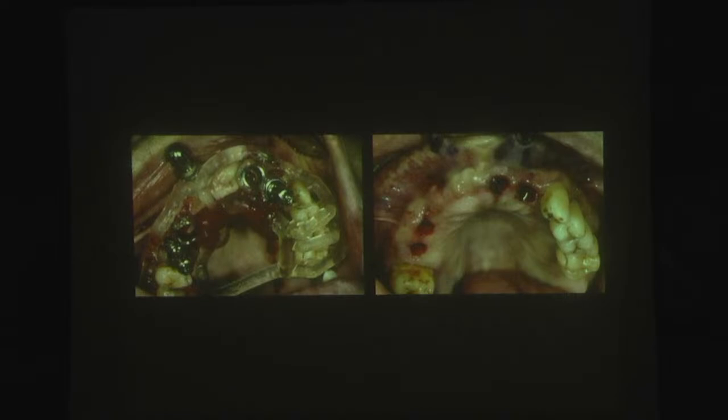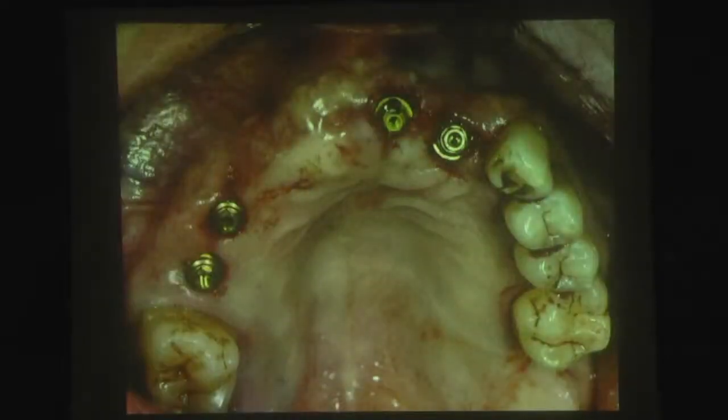And then I made the operation. I placed the four implants at the same time. It takes around 15 or 20 minutes because it is fully guided. Then we take the guide out. We placed the implants with no bleeding, and we finished the operation.